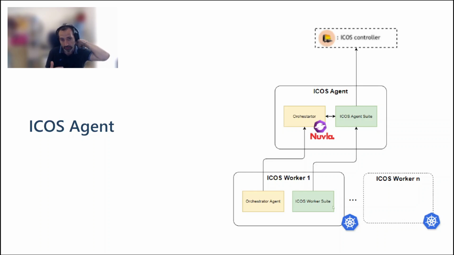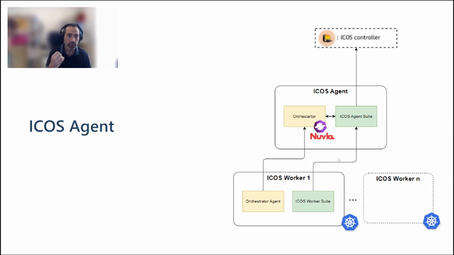Each ICOS worker is one of the nodes that is controlled by the orchestrator. So, for instance, in an OCM agent, each worker is a cluster itself, a Kubernetes cluster itself. An agent without a worker cannot execute any code because it cannot offload the execution of the code to any node.